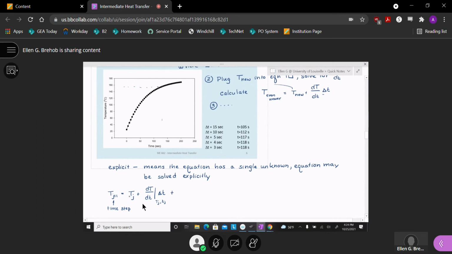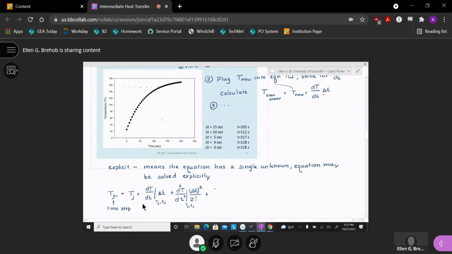So if I was looking at my next time step, I take my current temperature, I look at how the temperature is changing with time, and then multiply by my time step. But I can have these higher order terms, and these are all evaluated at this original time step, time J, or temperature J and TJ.